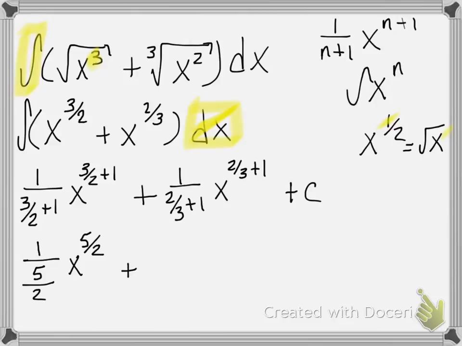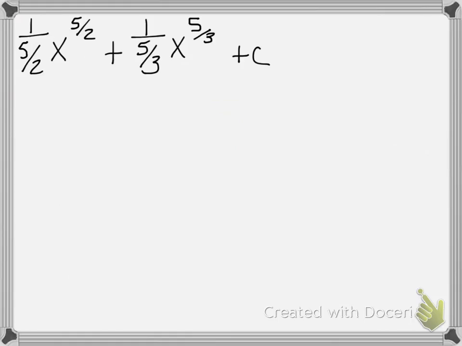And that's going to be plus 1 over 2/3 plus 3/3, which gives us 5/3, x to the 5/3, plus our constant. And we go to the next slide.